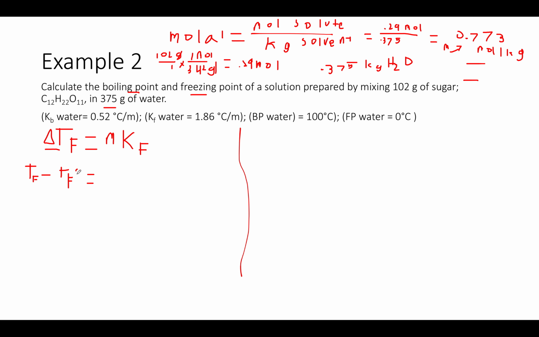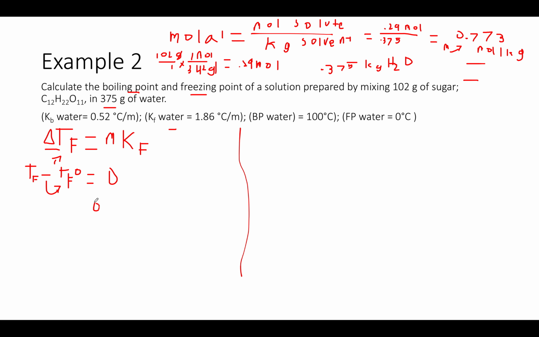So you have 2 options here. You can make this KF for water negative, and that way you're going to get a negative value for your freezing point depression constant, or you can manipulate this formula in the end and move your final number over, and that would make it negative. So I'm going to opt to just change the KF of water to negative.